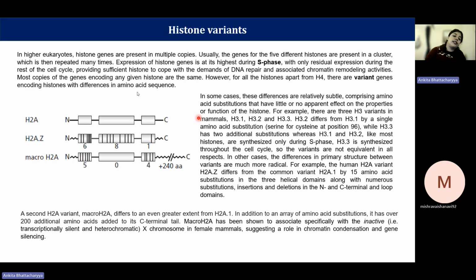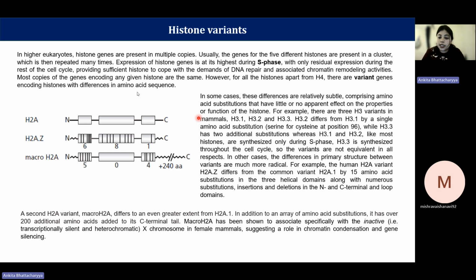And that is facilitated by substituting the canonical histone with a histone variant. That variant binds less strongly to DNA and opens up the DNA and allows replication to proceed. And sometimes the exact opposite can also happen, that it binds DNA a lot more tightly so that DNA damage can be inhibited. So these are just some examples off the top of my head.